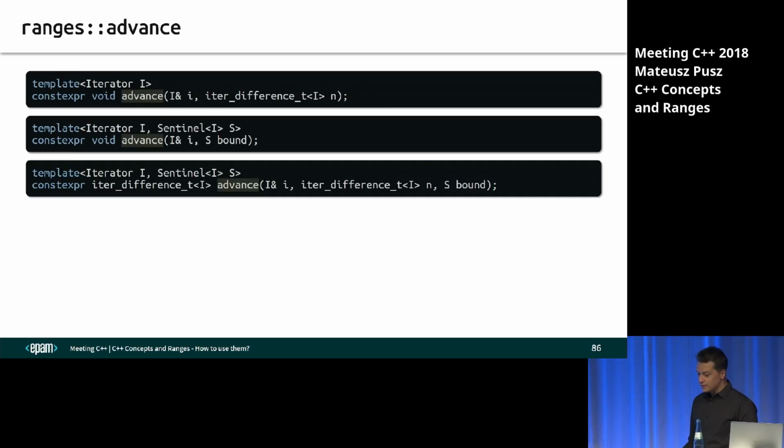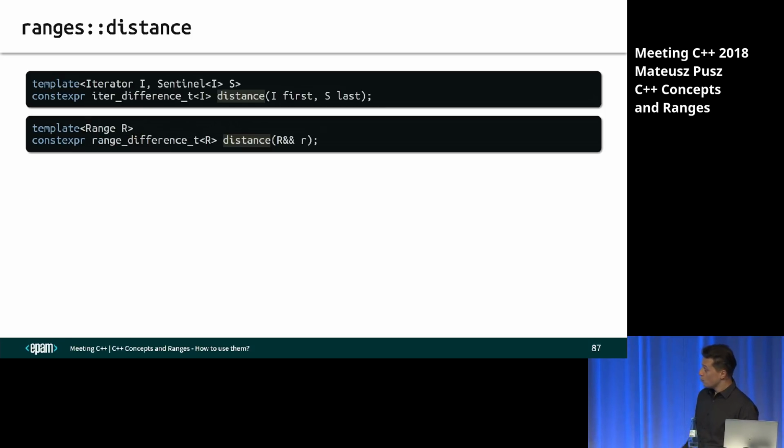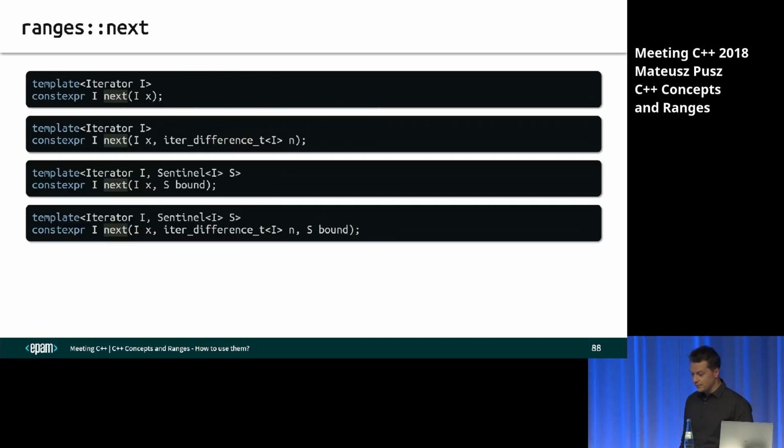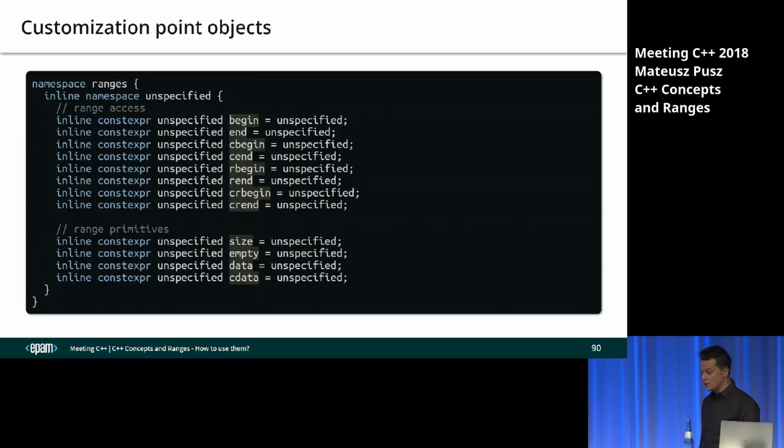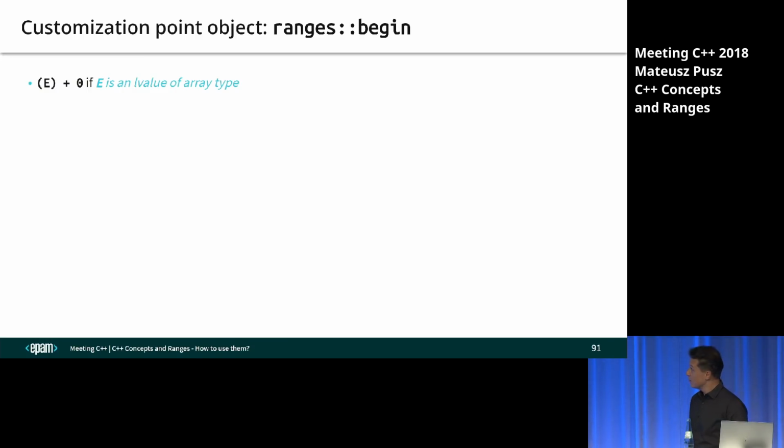We have advance for those. We have distance. We have next, previous, and we have new customization point objects for begin, end, and all of the operations we know. Why new? Because, again, things we have were a bit broken, so we had to provide better alternatives.